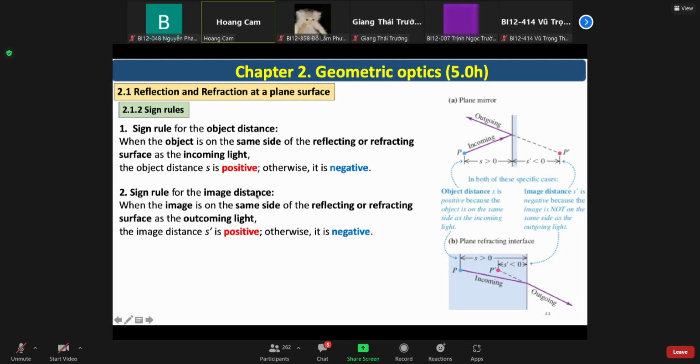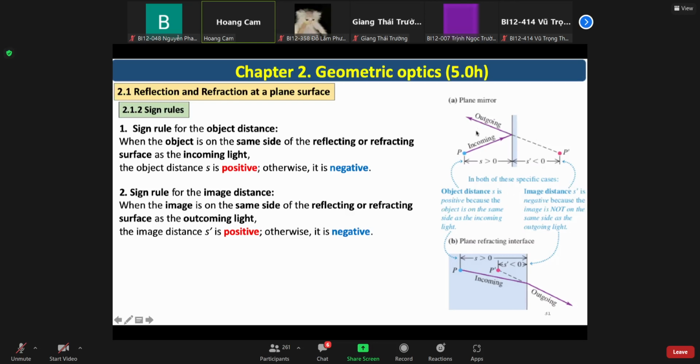And for the image distance, we will have similar things. However, it will relate to the outcoming light. Sometimes they also mention outcoming or outgoing. You can use these terms. So when the image is on the same side of the reflecting or refracting surface as the outcoming light, then the image distance S prime is positive, otherwise it is negative.